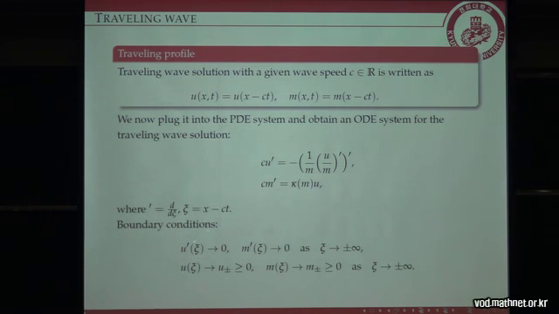The derivative of the u profile goes to 0 as this variable goes to infinity and minus infinity. M is also the same. And each has some convergence value like this.